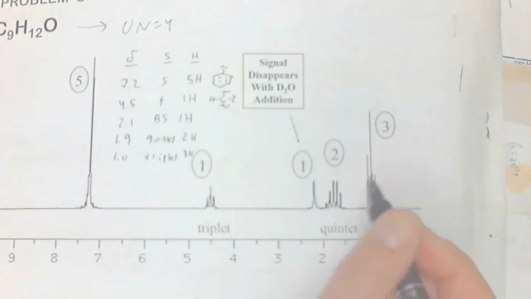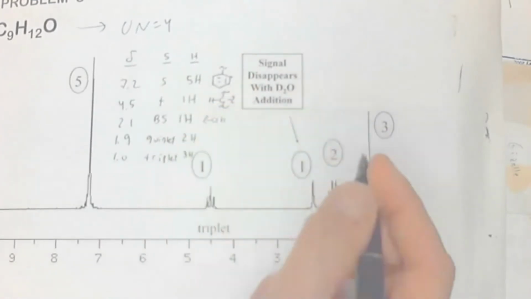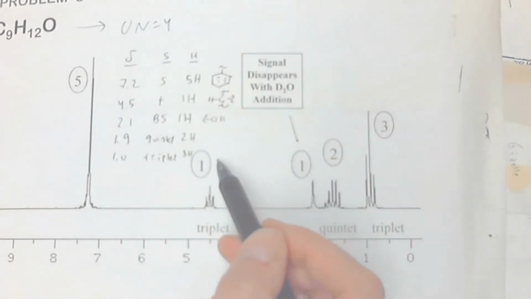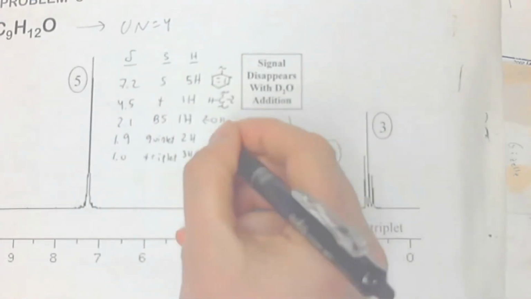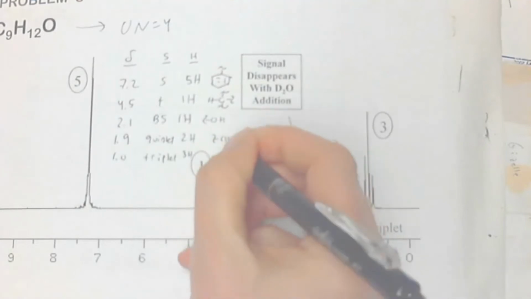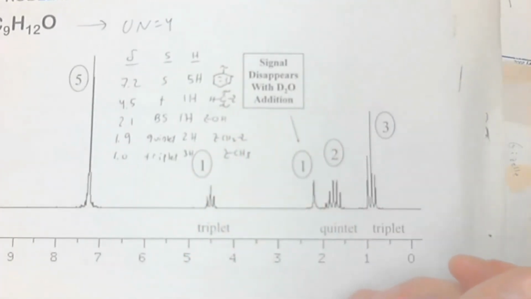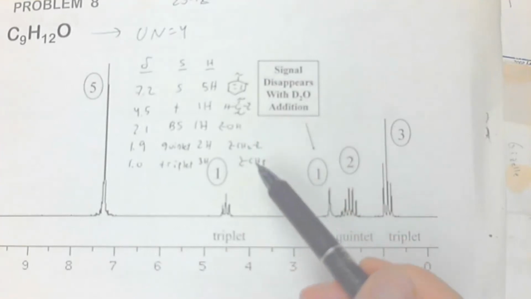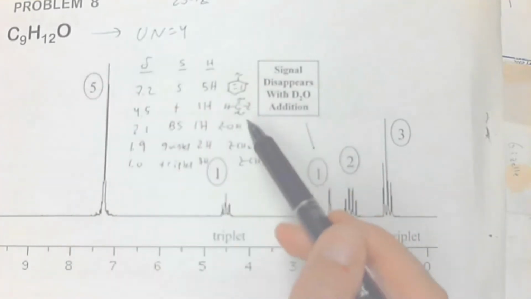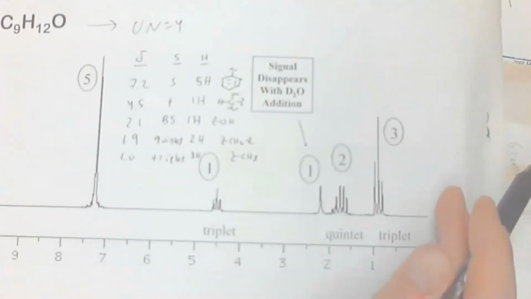Maybe it's an OH. Quintet. We got CH2 and a CH3, right? CH2, CH3. All right, we cool? I think we can assume everything's accounted for. 6, 7, 8, 9 carbons. H is 5, 6, 7, 8, 9, 10, 11, 12. Yep, everything's accounted for.